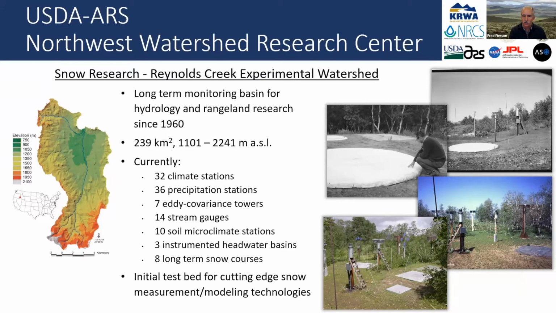We've done snow research in Idaho at the Reynolds Creek Experimental Watershed since 1960 or so, and been very instrumental in the development of technology for measurements of snow, all the way to the development and testing of the snow pillows and a lot of other instrumentation over the years, and done a lot of snow modeling work. We have quite the background in the snow physics and dynamics.